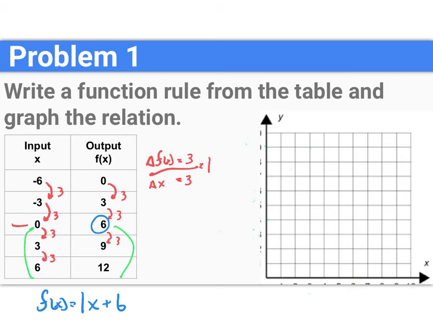Let us make every other line 3. So 1, 2, let's make that 3. 1, 2, 6, 1, 2, 9. Let's say 1, 2, let's make that 3. That's 6, 9. Okay.